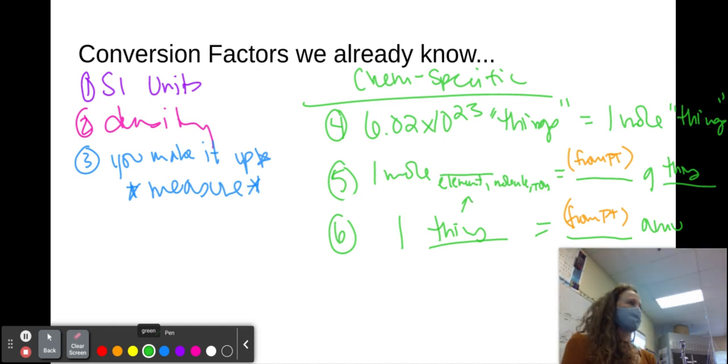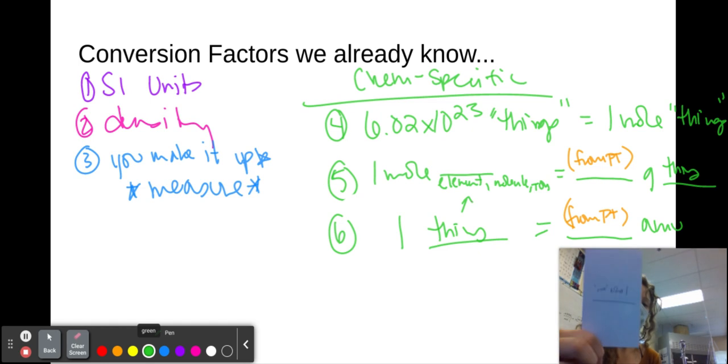So how would we write it on the card? I would do, for which one? 4, 5, or 6? I think it was for 5, the mole to grams. Would we just write it 1 mole equals how many grams?